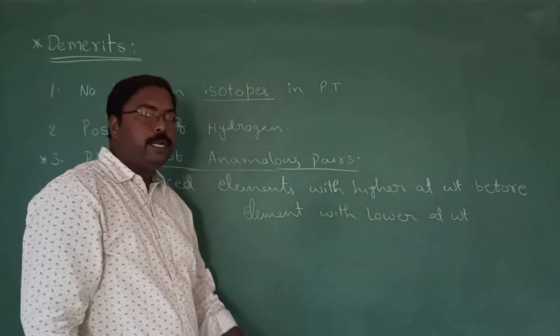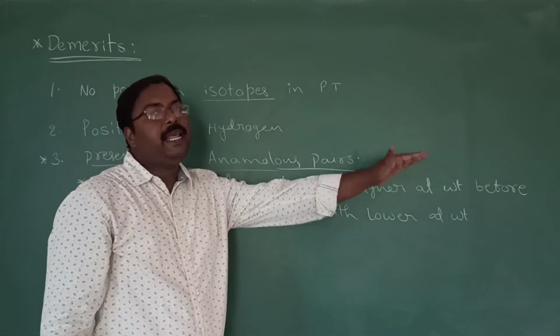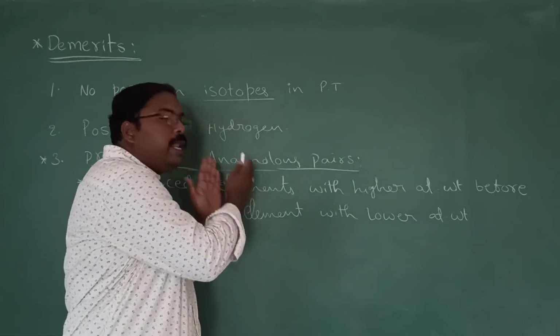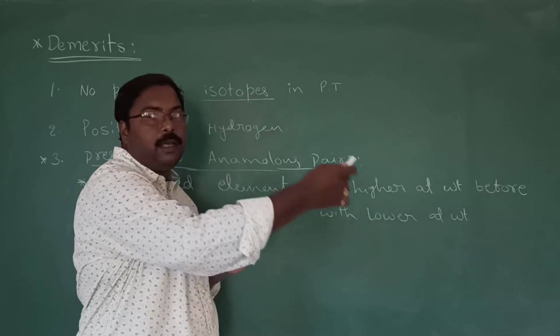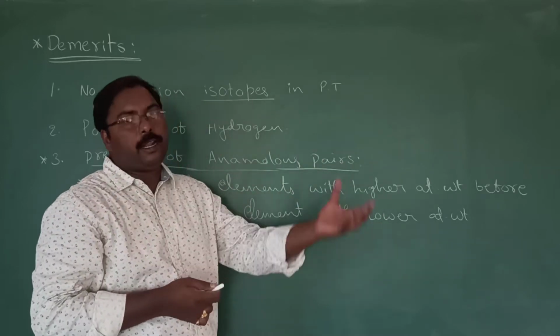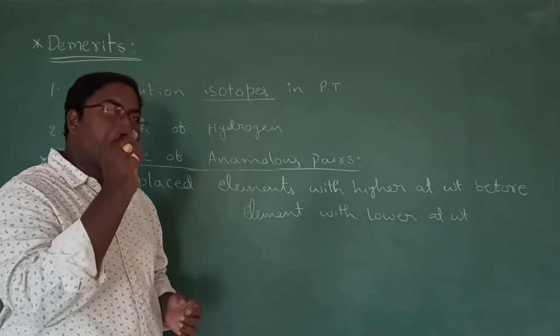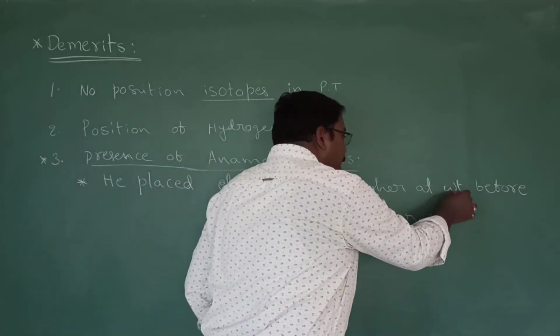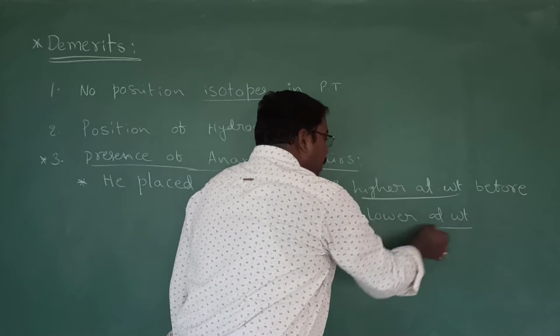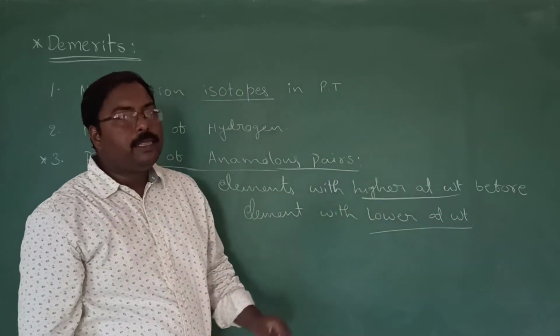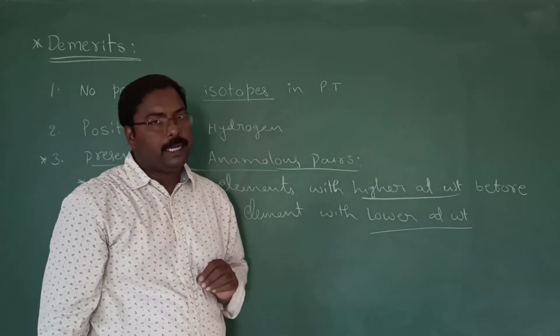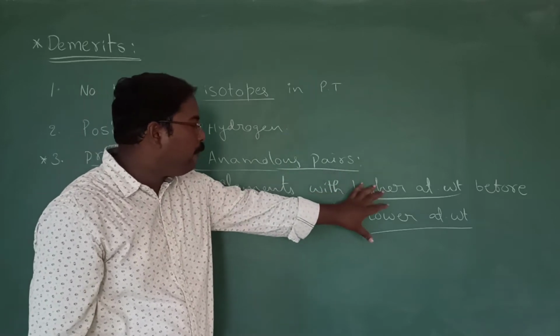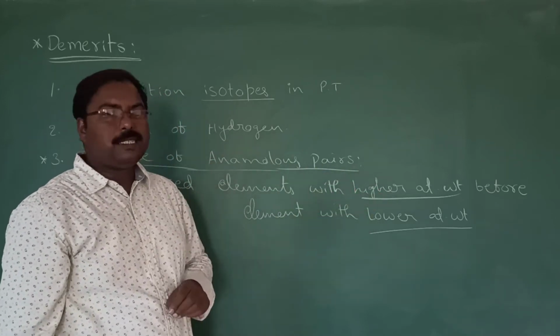Actually the alignment is in increasing order. So after a lower atomic weight, we need to get an element with higher atomic mass. But there are a few pairs of elements where the element with the higher atomic weight is placed before the element with the lower atomic weight. So such pairs of elements are known as anomalous pairs.